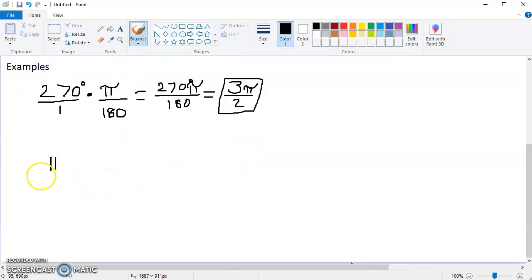And so here's an example of 11 pi over 6. And we can multiply this by 180 divided by pi.